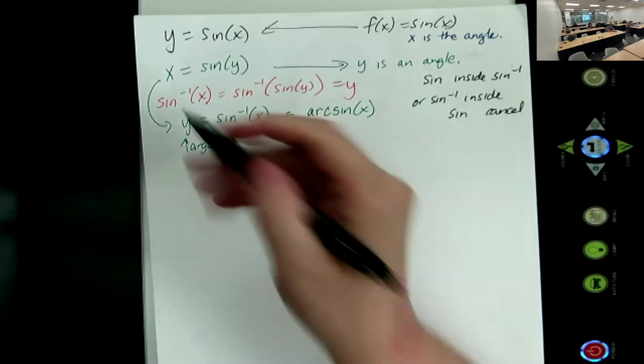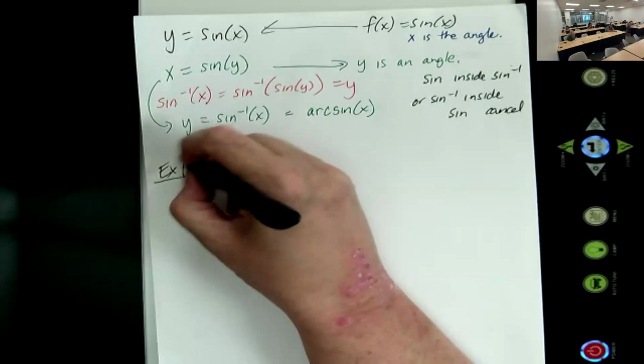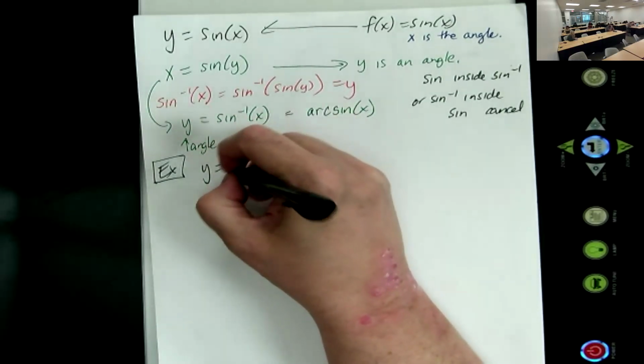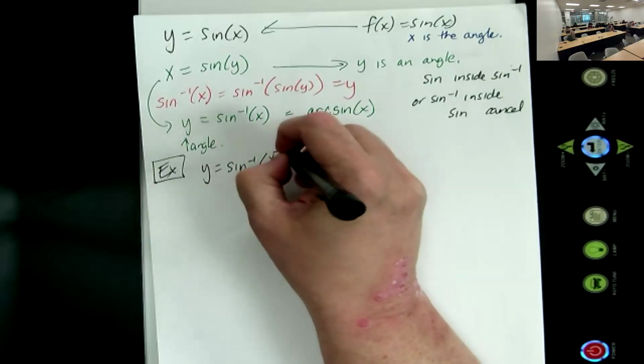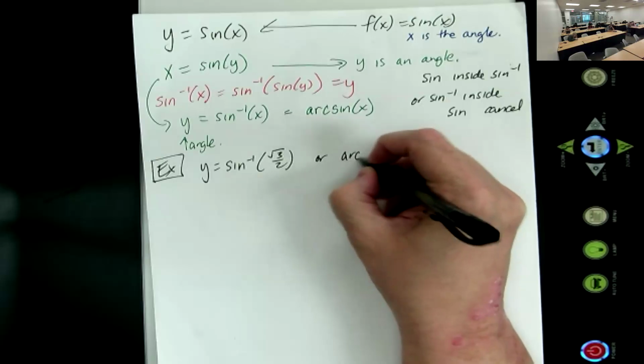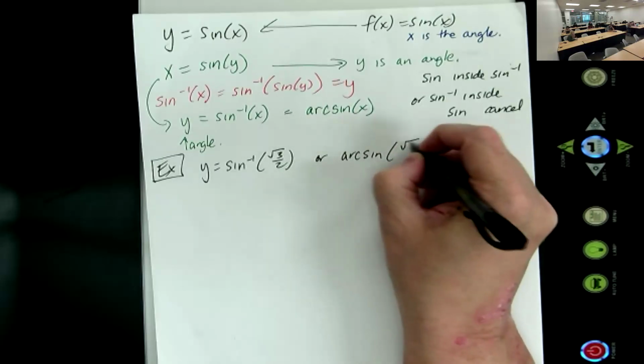So let's look at some examples. Y equals sine inverse of the square root of 3/2, or arc sine square root of 3/2.